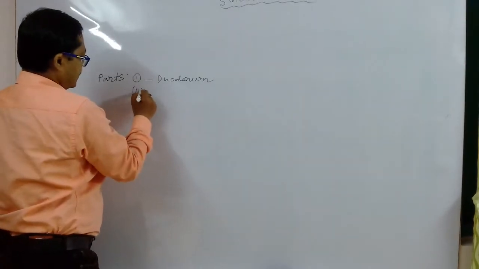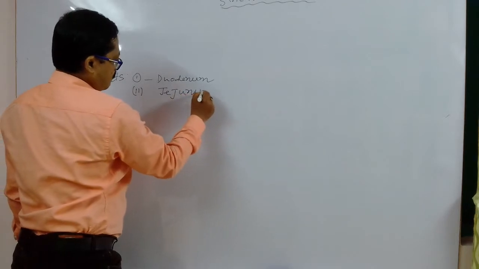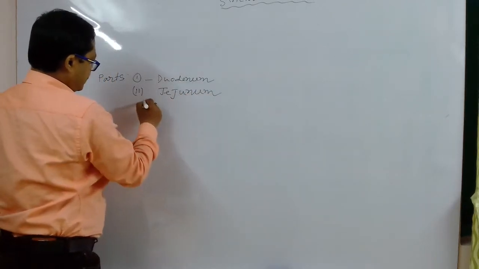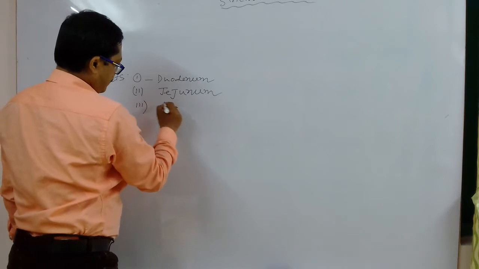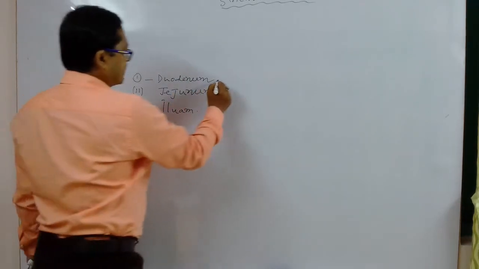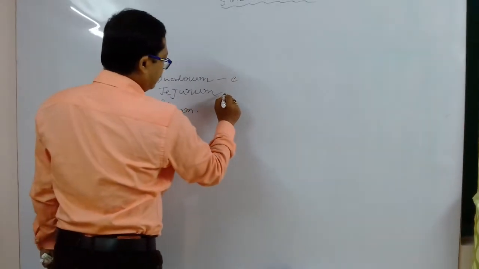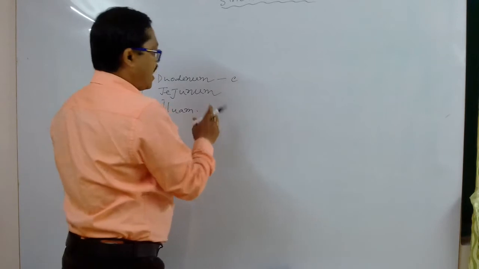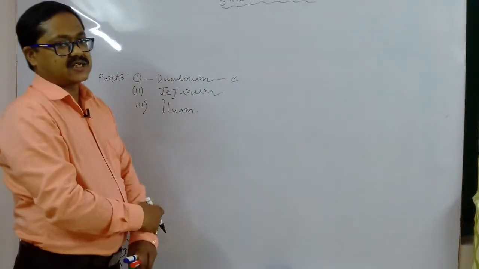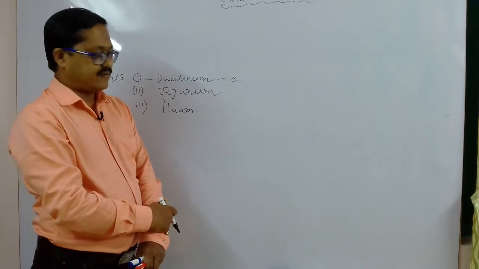Second is the jejunum. Third is the ileum. The duodenum is a C-shaped structure. The jejunum and ileum are highly convoluted structures, and they are surrounded by the large intestine.